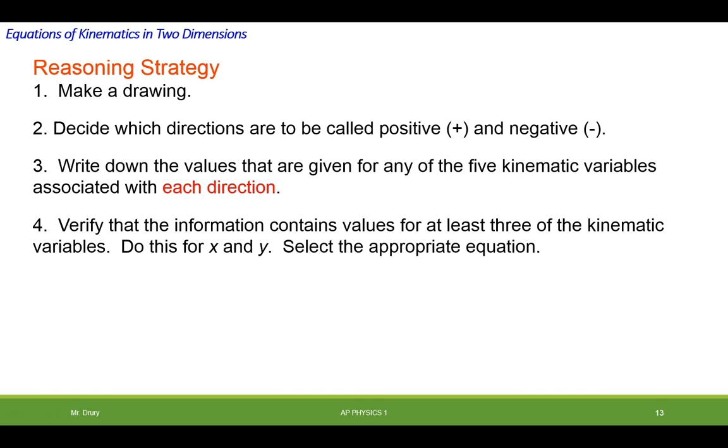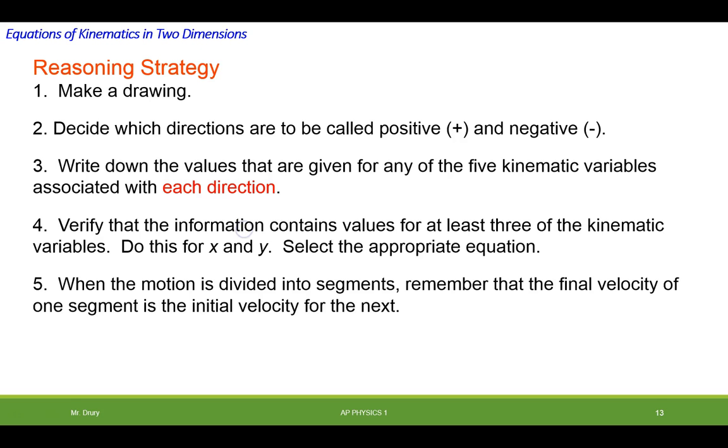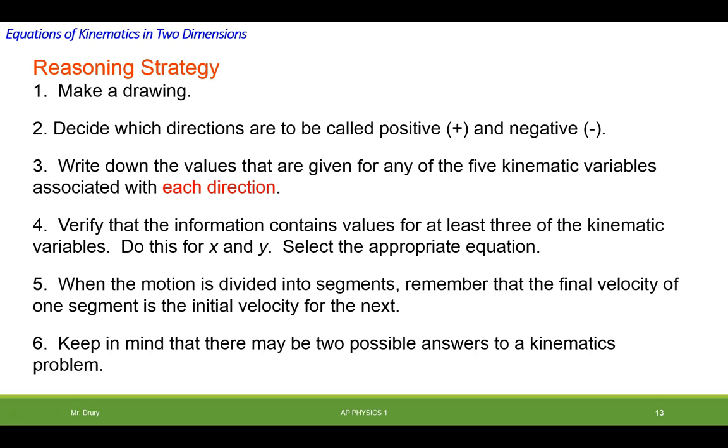And then you're going to pick the appropriate equations to solve for the unknowns. When problems are broken into multiple parts, you would use the ending value of one part for the initial value of the next part, just like we did in the last unit. And also, there may be more than one answer when solving some of these problems because of taking squares and stuff like that.